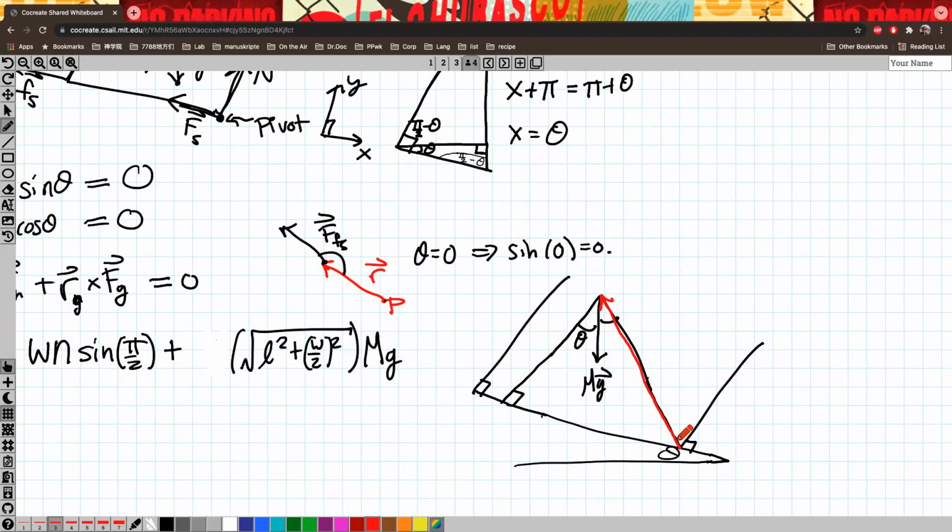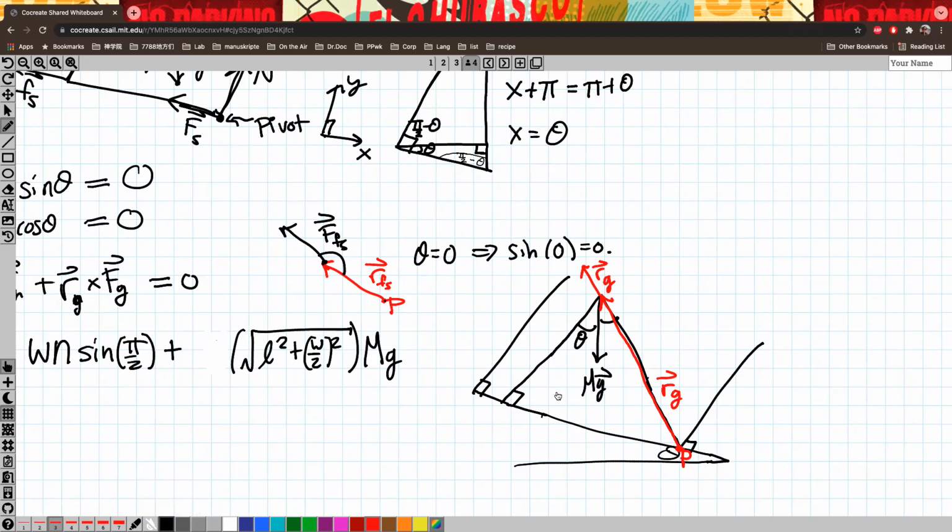So you want to do this is your r vector. So that was r, RFS, and this is RG. All right, because this is the pivot point P. So what is the angle between this vector, this is RG again, and the force vector F?